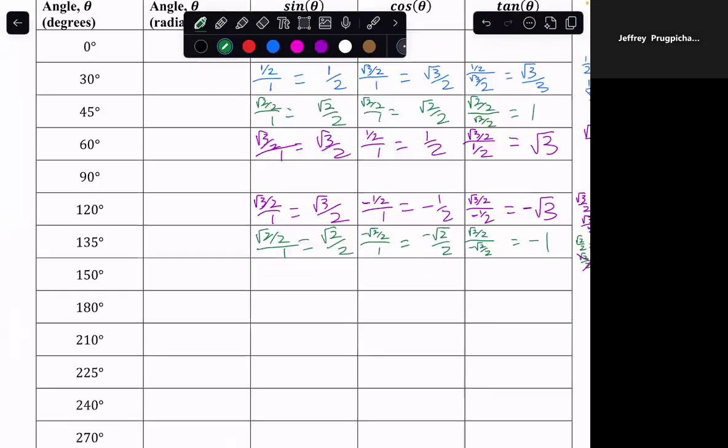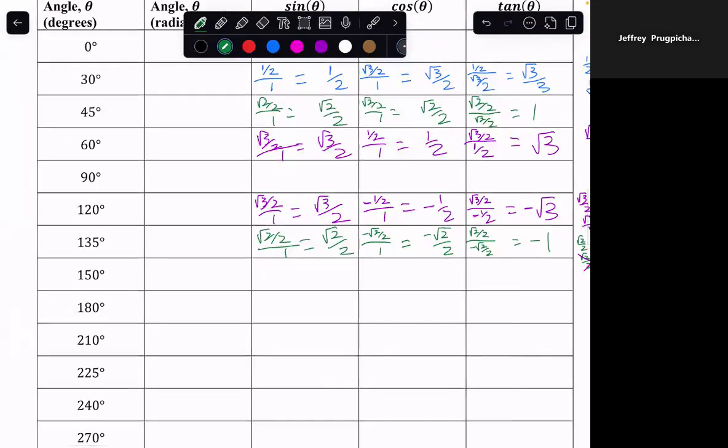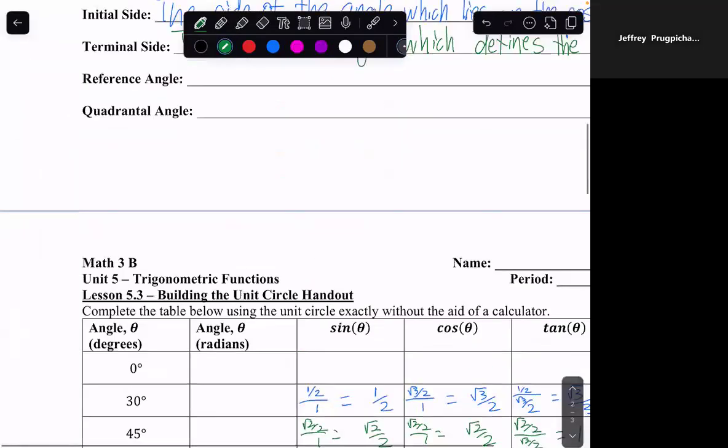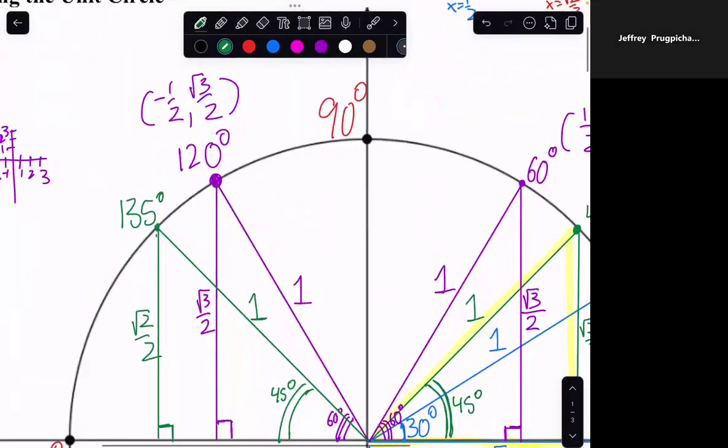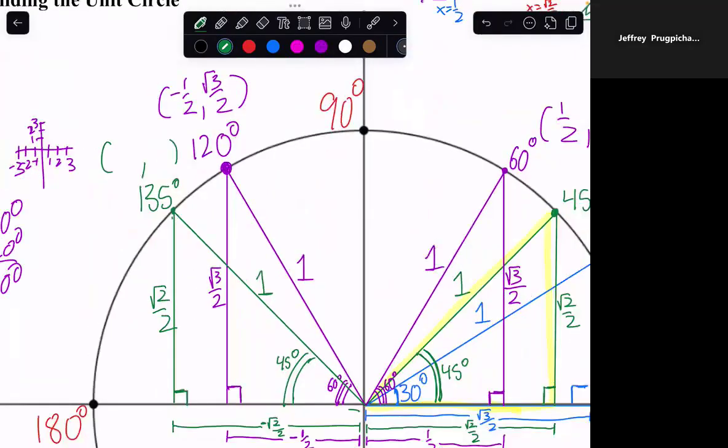Now let's go ahead and do the coordinate for that point. Where that 135-degree angle hit the unit circle, the x coordinate is to the left, so it's negative radical 2/2. And the y coordinate's going upward, so it's positive radical 2/2.